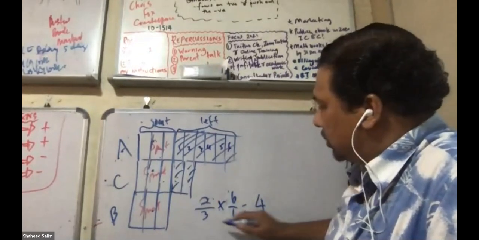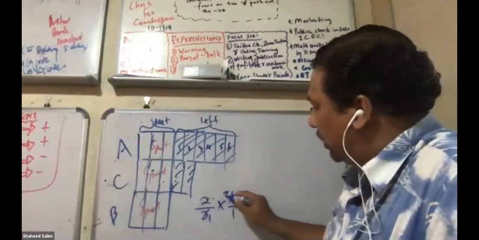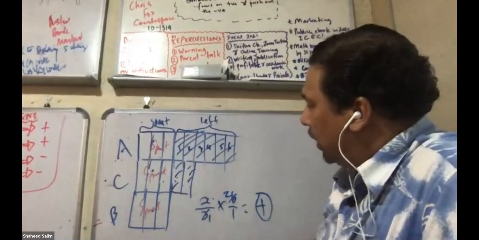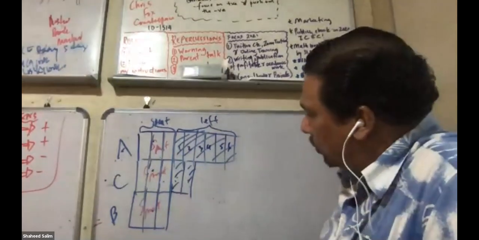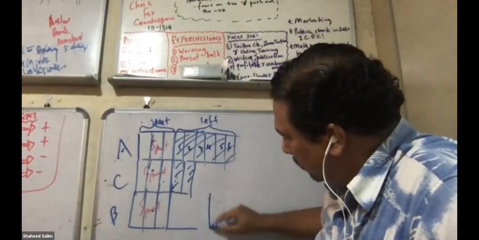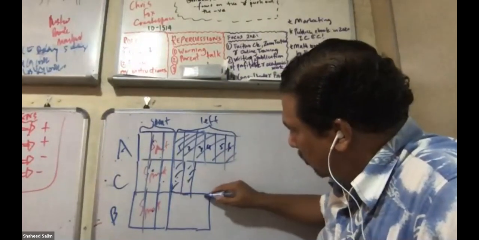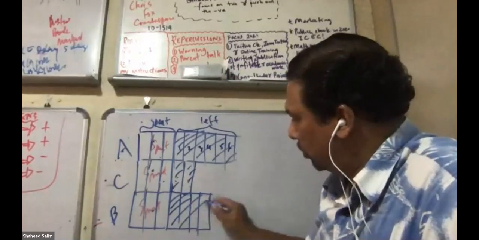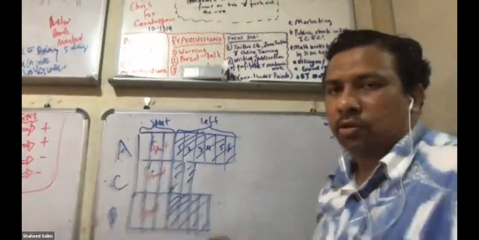Equals 4 parts. Divide by 3, divide by 3. 2 times 2 is 4. So Ben will have 4 more down here. Okay. So we have 1, 2, 3 until here. This is what Ben has.